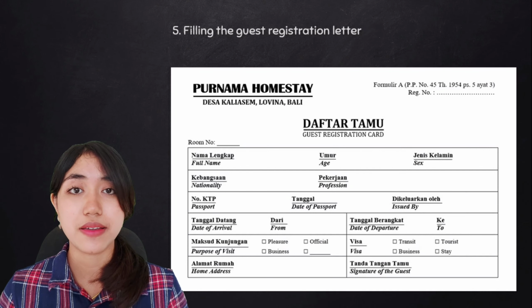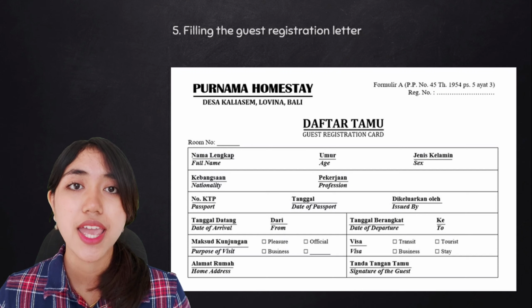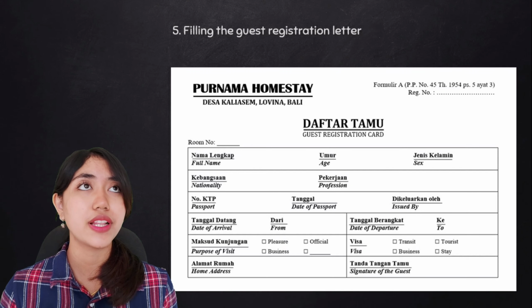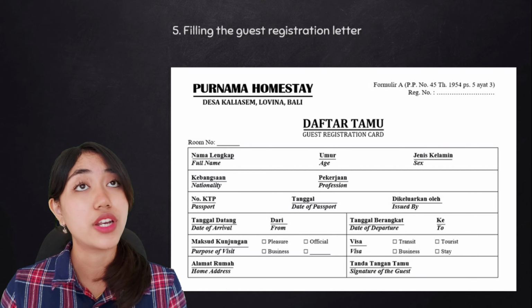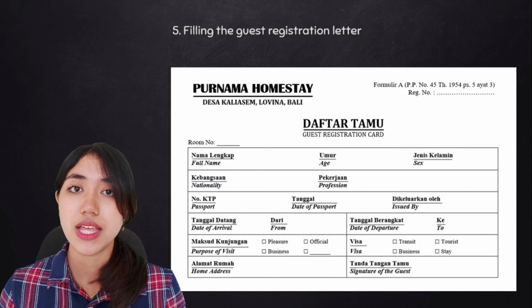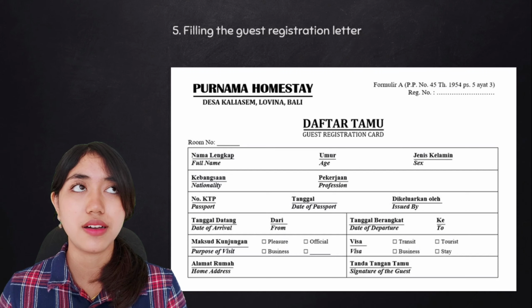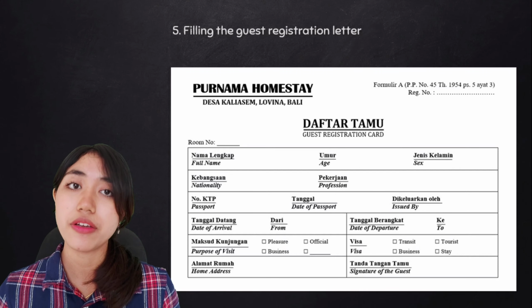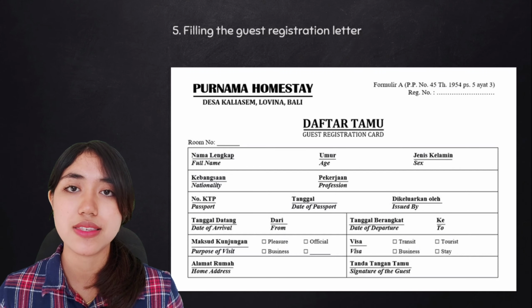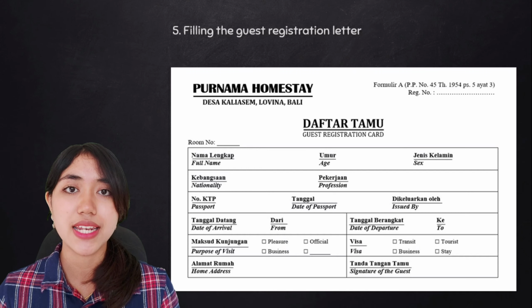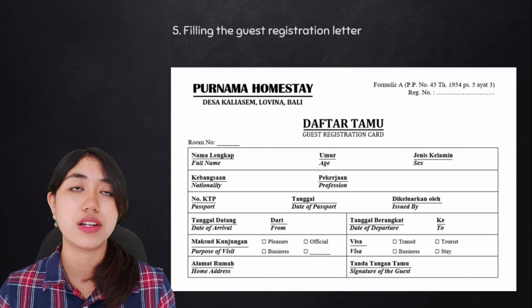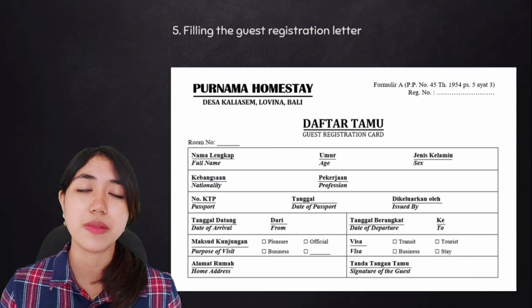So here is an example of a registration letter, and the guests have to fill in their full name, their age, ID card, and also sign the letter. However, there are many kinds of registration letters, and it depends on the hotel regulation and hotel administration.